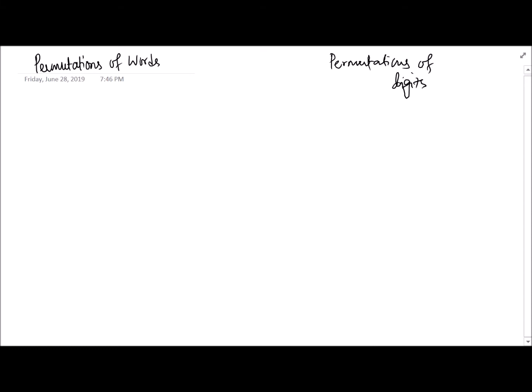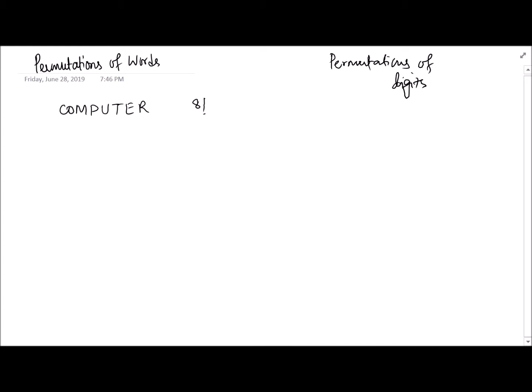So permutations of words we'll study first. See, how many permutations of the word computer are there? If this question is there, then you have to understand that it is asking in how many ways can the letters of the word computer be arranged. 8 letters, 8 places, 8 factorial, that's the answer.